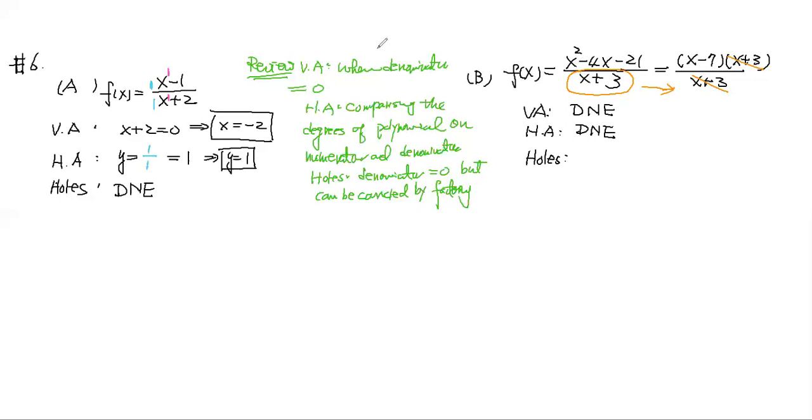So the hole here is x equal to -3, because x plus 3 equal to 0 gives x equal to -3.